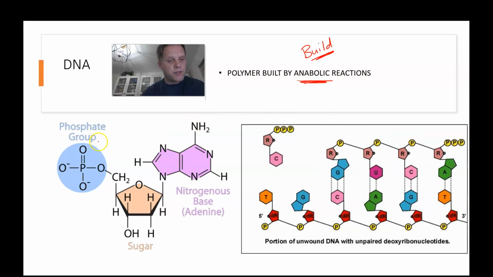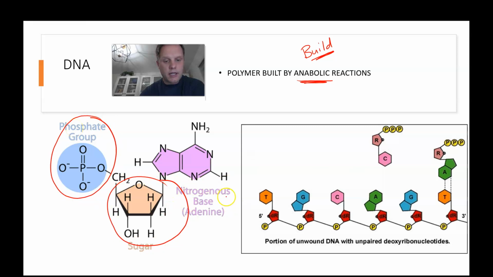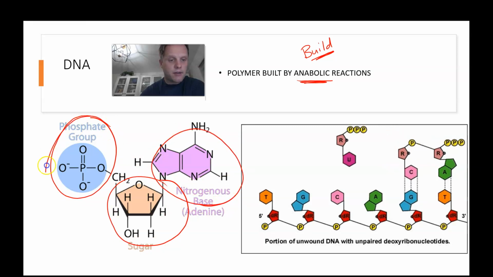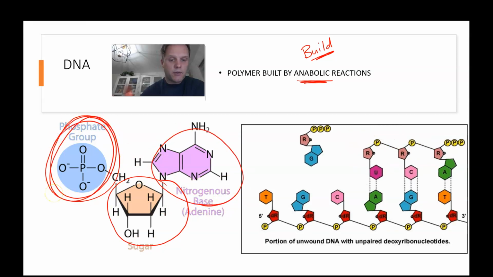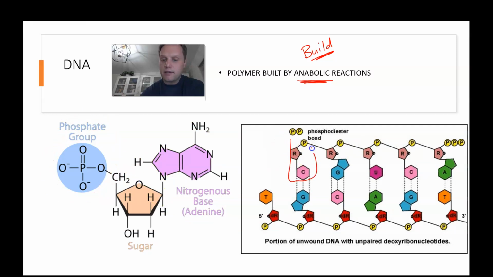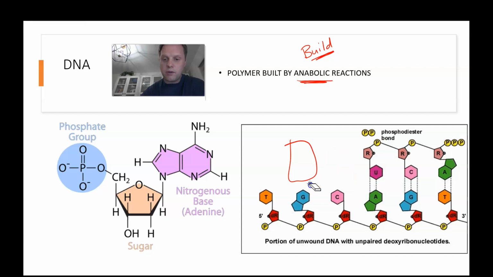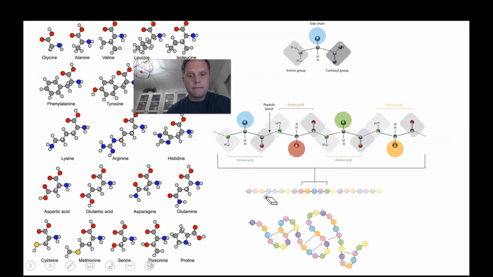We're going to learn and focus on this in the next couple lessons, but the nucleotide contains a sugar, a nitrogenous base, and a phosphate group. And those three things make it a nucleotide, and when you combine them together, you'll end up making DNA. And similarly, you can also make RNA. We're going to talk about that in our next couple lessons.